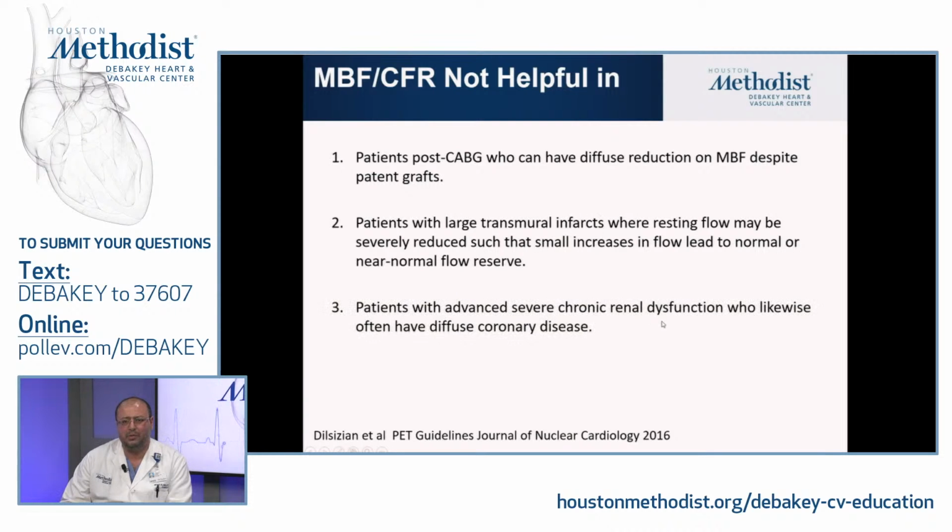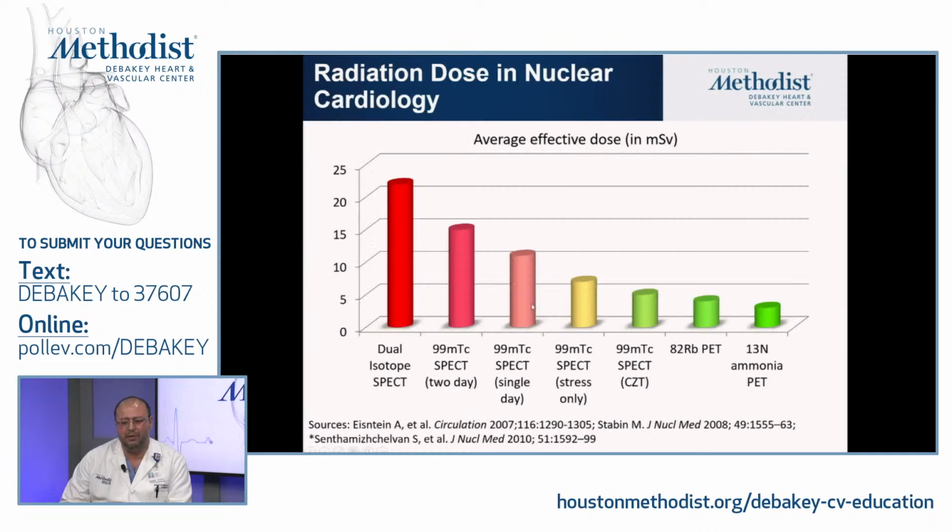Also, among patients with chronic renal insufficiency for multiple reasons, because they have diffuse disease, but also these patients actually have fistulas, high cardiac output state, so the resting flow may be high too. And finally, among those with LV dysfunction, because the flow is reduced, partly because of the LV dysfunction that these patients have.